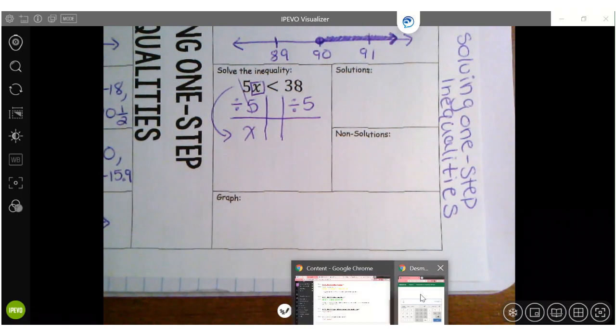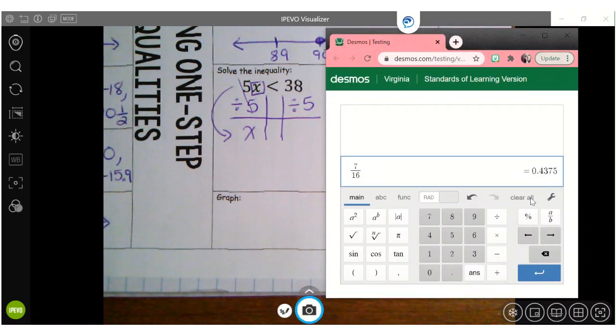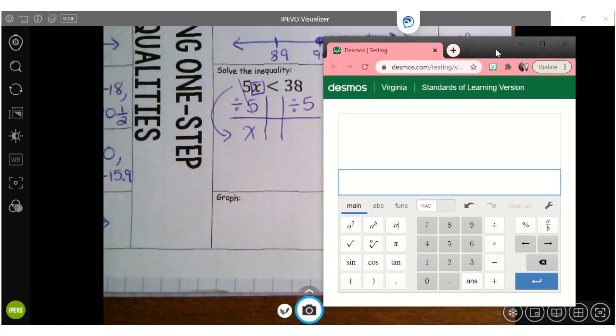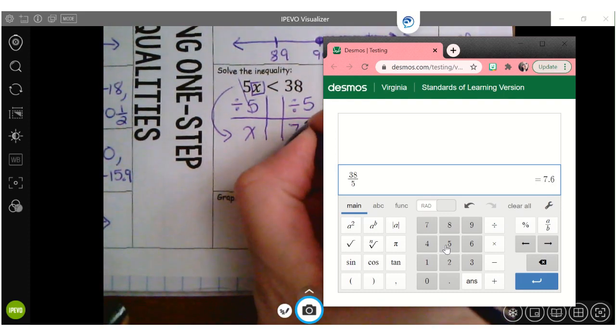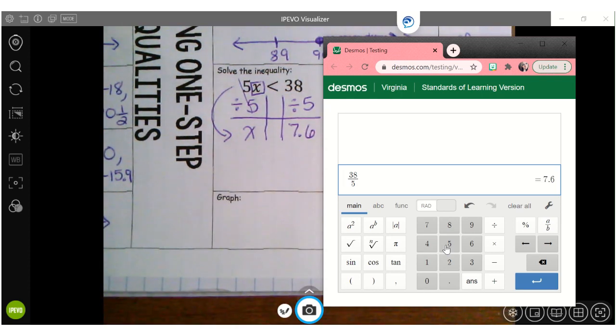I can pull up my calculator and get it cleared out. There we go, finally cleared. So 38 divided by 5 gives me 7.6. It gives me a decimal, and that's okay. This is an example where some of you have been trying to do a lot of this in your head and say, well, 5 times what would equal 38, like when we were doing equations.